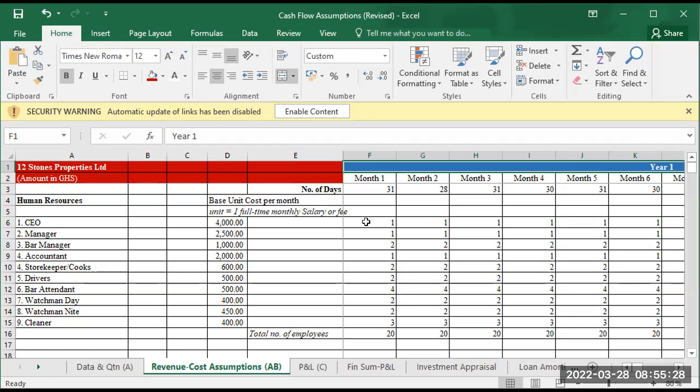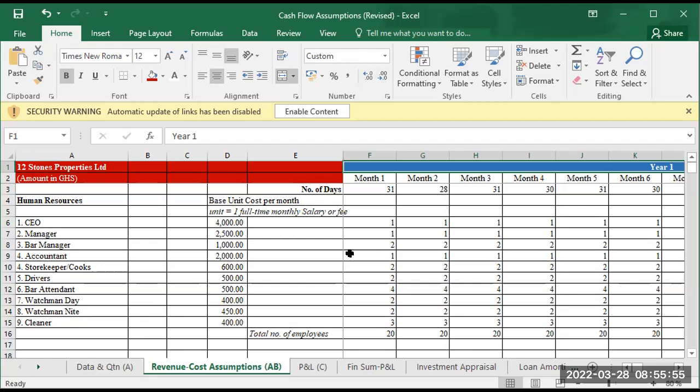Manager is receiving 2,500 times 12. 25 times 12, that will be 25 times 6, 25 times 6, how much is that? 25 times 5 is 125, 150 times 3. Okay, so that's around 450,000, if I'm not mistaken. Don't mind me if it's not correct.